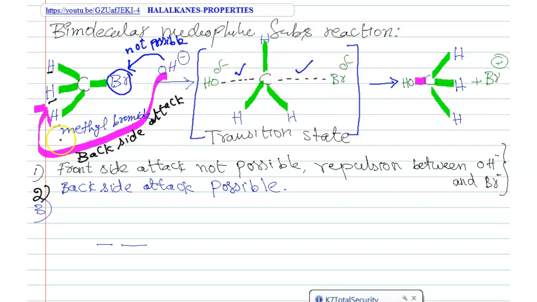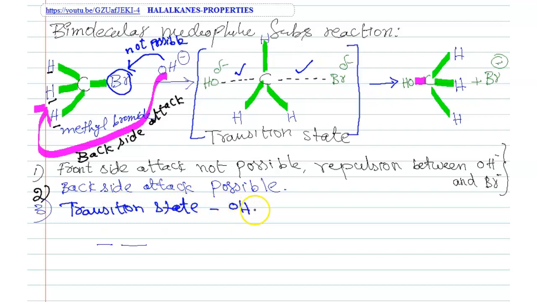So this state is known as the transition state. Actually, this transition state is our imagination. It will not actually form. It is highly unstable. In the transition state, OH is attached half, which means a partial negative charge is possible on OH.